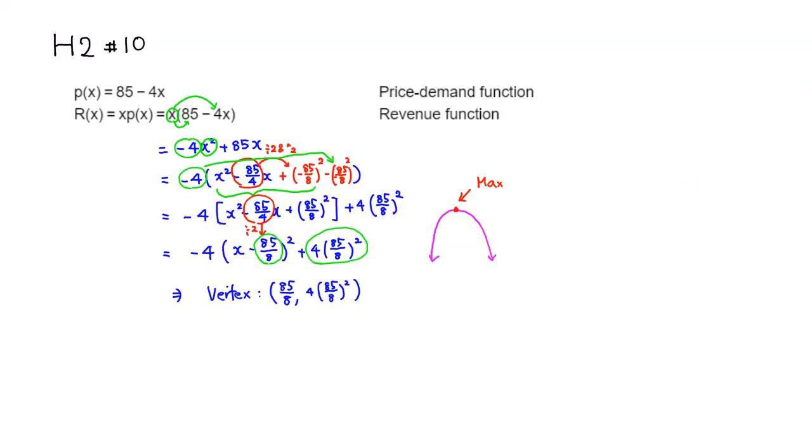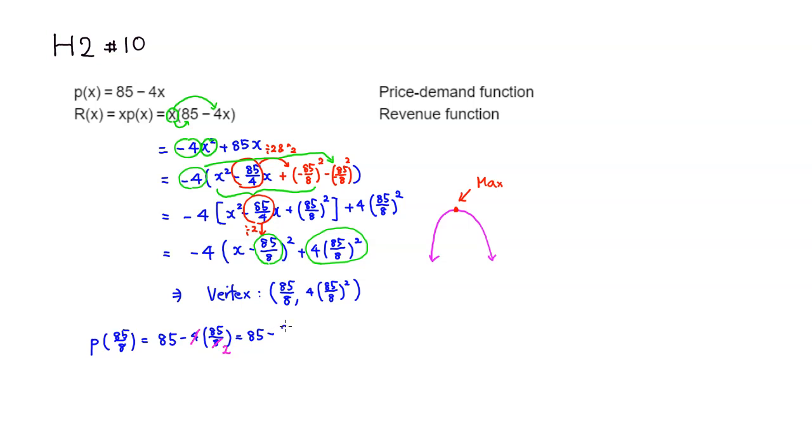All right, so if you plug in X equals 85 over 8 into the price function, you get 85 minus 4 times 85 over 8. So this is simply 85 minus, all right, so the 4 and 8 cancel out, so you get 85 over 2.